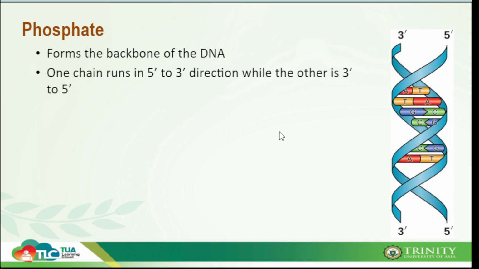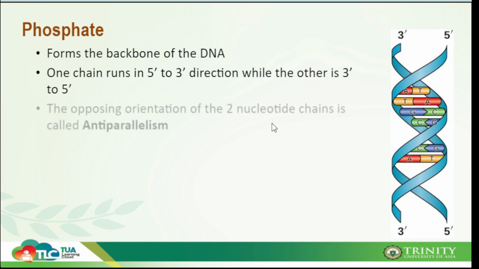This is very important, especially when we start talking about DNA synthesis. Okay? And this opposing orientation of the two nucleotide chains is called anti-parallelism. What do we mean by this? Look at the starting nucleotides here. For the 5 prime, diba?